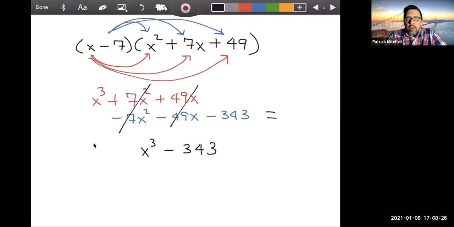So what I want to do with this is make it into a chapter 6 problem. I want to show you how to take x cubed minus 343 and come up with this as your answer for factoring. Well, if you look at the pattern here, I think you can kind of see that there is a pattern. We're going to have to talk a little bit more about what the pattern is. Of course, this is the cube of x. This is the cube of 7.